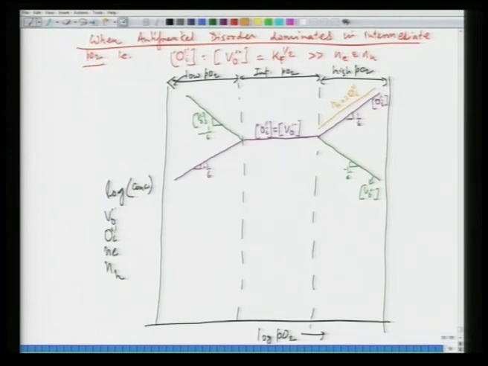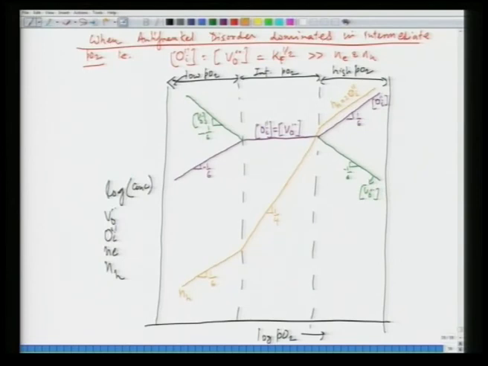NH varies in the middle region as PO to the power 1 by 4, which means the slope changes a little bit to 1 by 4. And now, we will take NH into the low pressure region. In the low pressure region, NH again scales as 1 by 6. So, this is the NH plot.